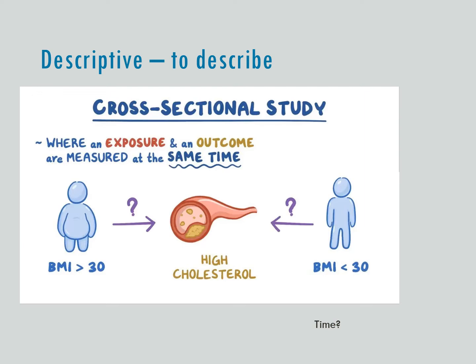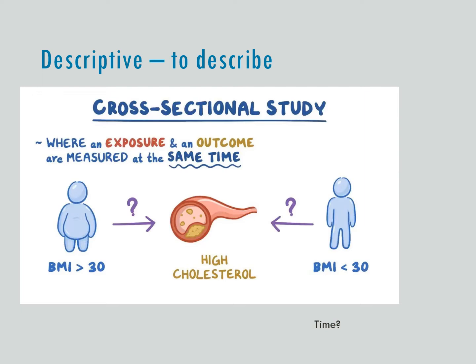We are simply going to look at two different variables, the independent variable and the dependent variable, and where they are exactly at this moment at the same time. So here in this example, this study is looking at high cholesterol and how BMI may or may not be correlated with high cholesterol.